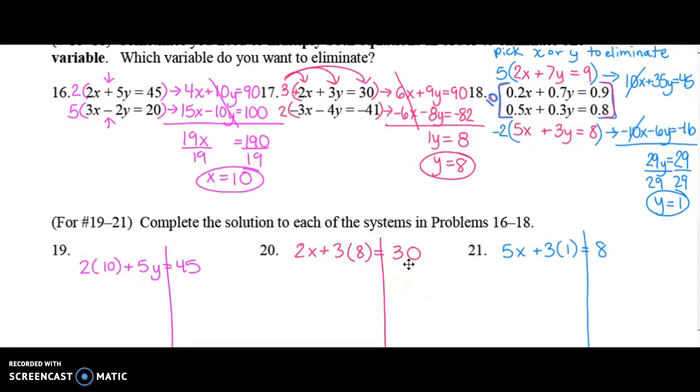Again, follow the order of operations backwards to solve for the x. So 3 will get distributed to 8. Last equation, I'm going to make sure I use 1 for y, and I'm going to go with the bottom equation, so 5x plus 3, and instead of y, I replace it with 1 equals 8.